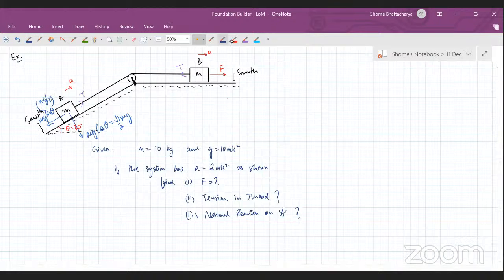And of course, normal reaction will be acting like this. Here it's very simple. Normal reaction and weight cancel each other.